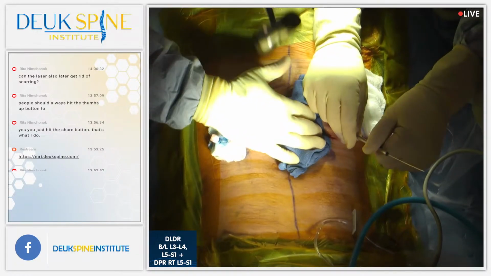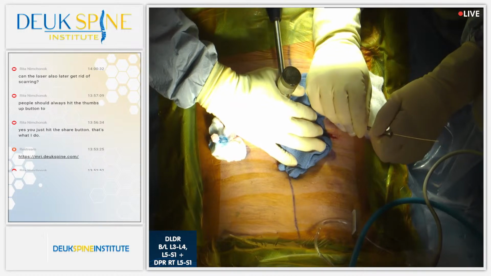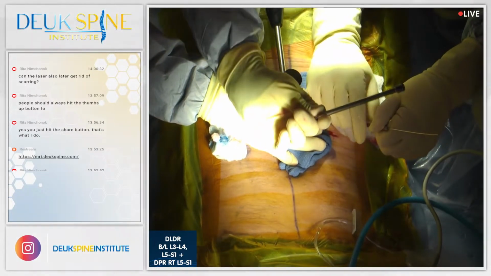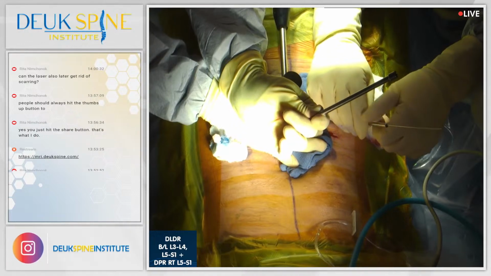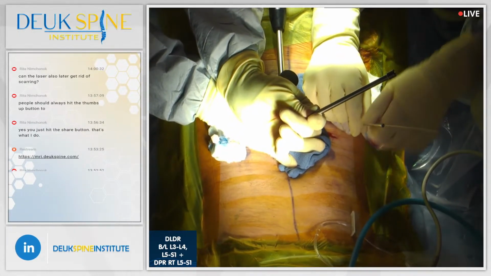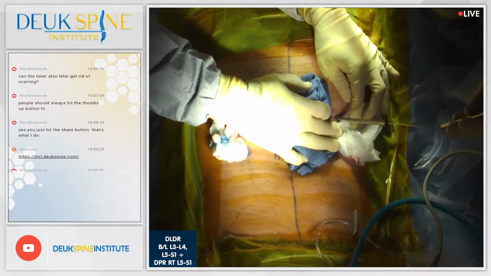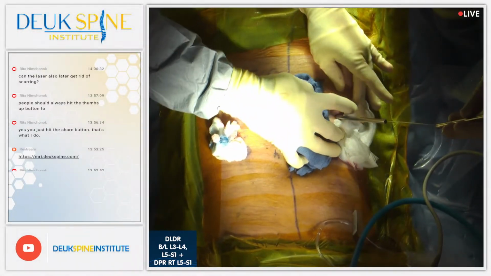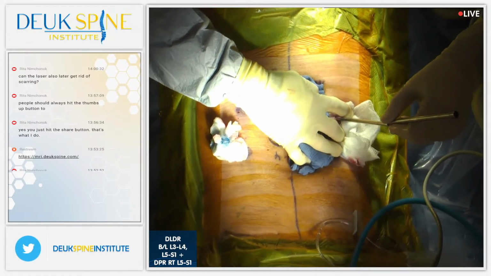That said, adjacent segment disease can be avoided completely if you have neither, if you have the Deuk laser disc repair. There are no adjacent segment disease cases with Deuk laser disc repair. But what is adjacent segment disease, really? Is it affecting the disc above and below, or the facet joint above and below? Actually, it could be either.